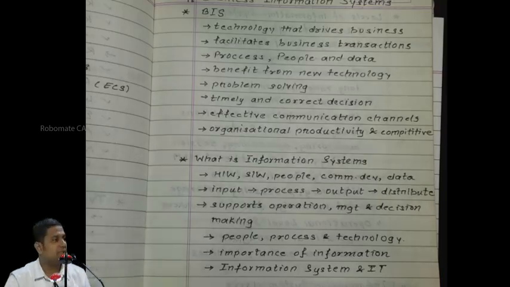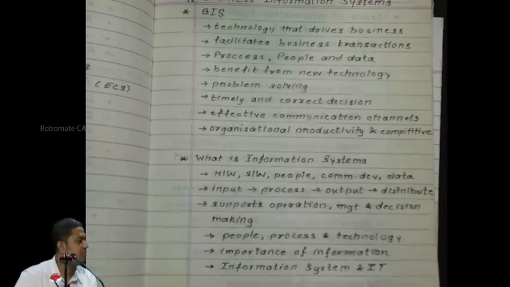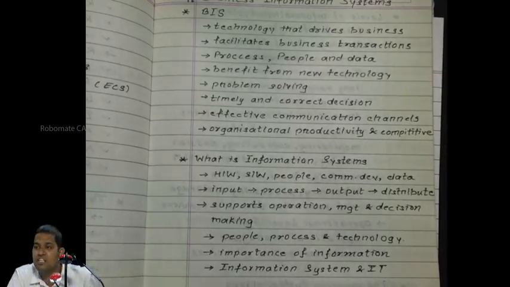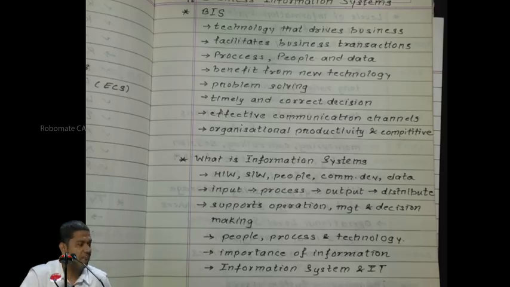So managing a business is also a big, responsible activity. For that, you will require information, which is provided by the information system. And last but not the least, information is required for decision making. I can't take a decision if I don't have information.